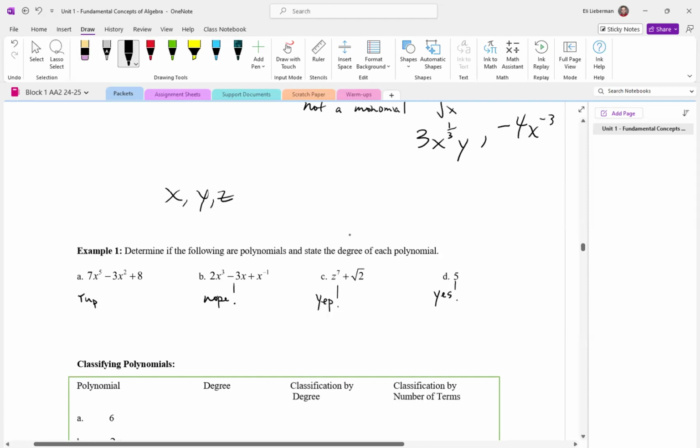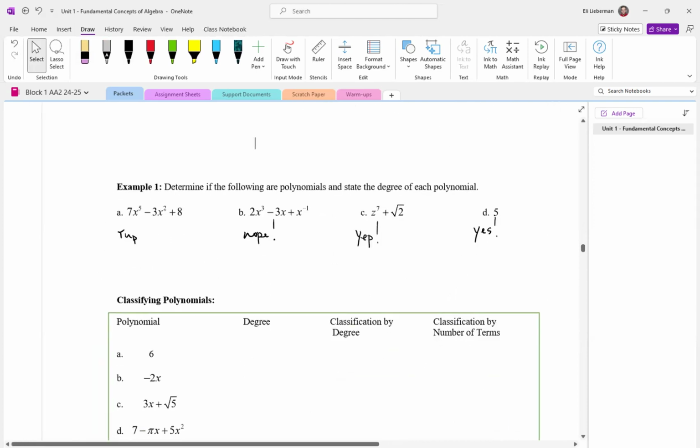How would you get a square root of x from here? You can't. It's still a variable, but it's no longer a monomial, and it's not part of a polynomial. It's called non-polynomial. That's the best we could do.